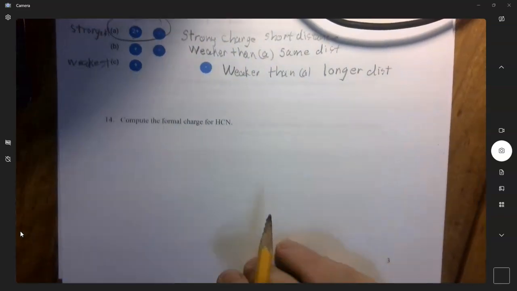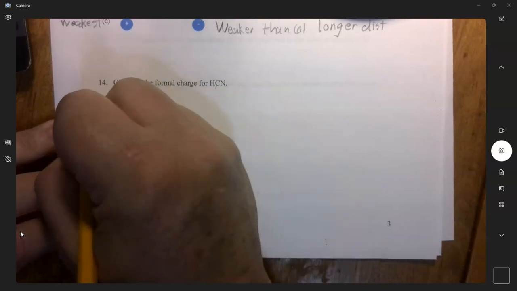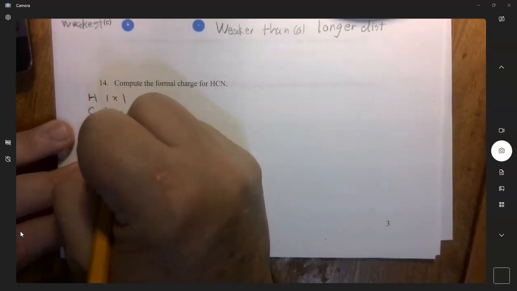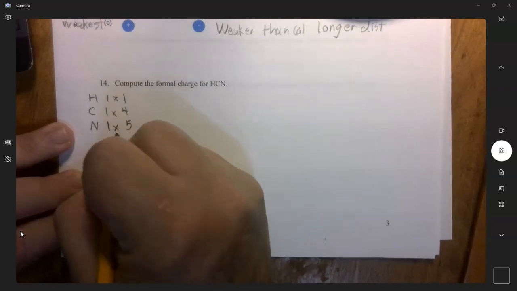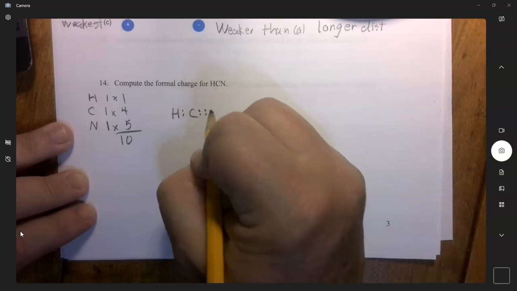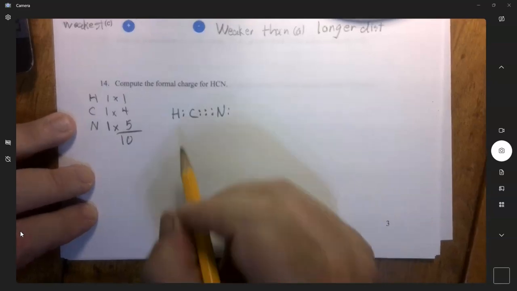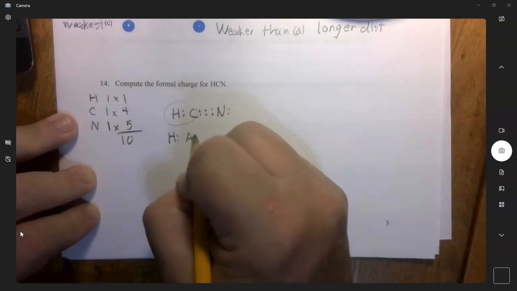Okay? All right. Formal charge for HCN. So we've done that 1,000 times. First you got to draw the Lewis dot structure. So H is 1 times 1. C is 1 times 4. N is 5. And you built models of this. It's a triple bond. Okay. So H, the formal charge, is always 0.